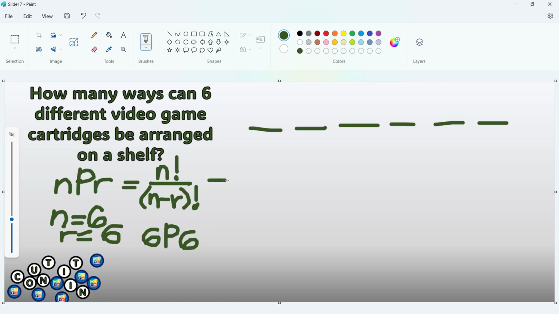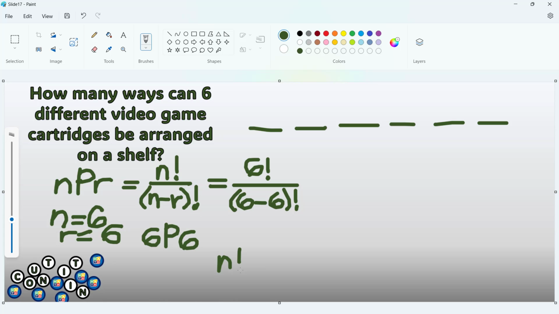So using this formula, you will have here 6 factorial to be divided by 6 as our n minus 6 as our r, and you will have here factorial. Do you think that our denominator would be 0 and this would be entirely undefined in terms of real numbers? Let's check that later. Now let's talk about n factorial.